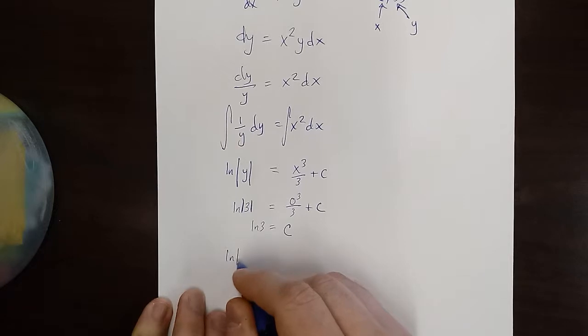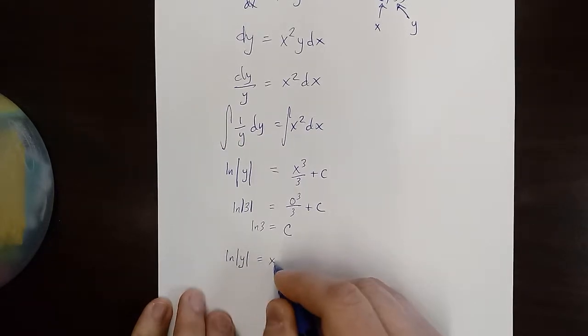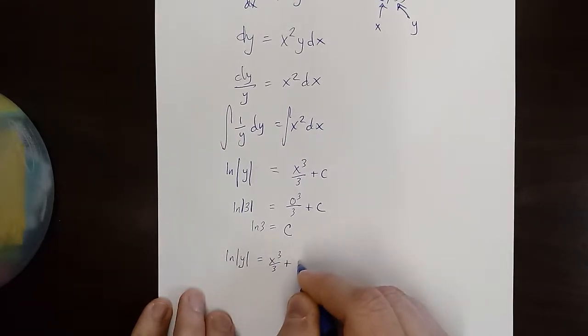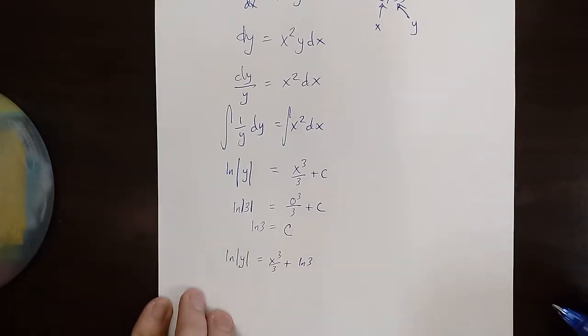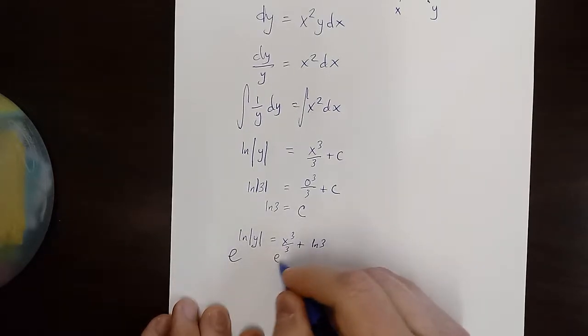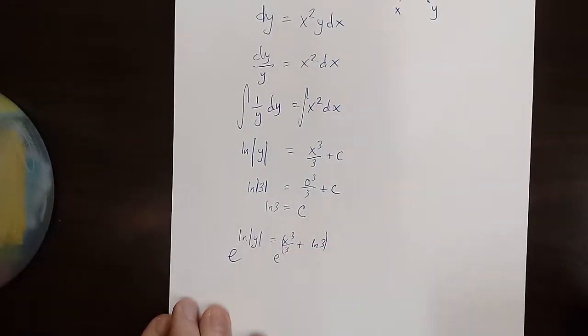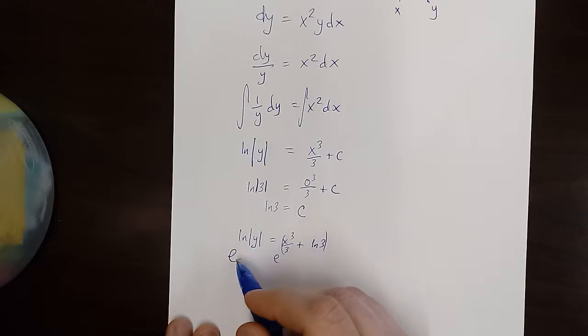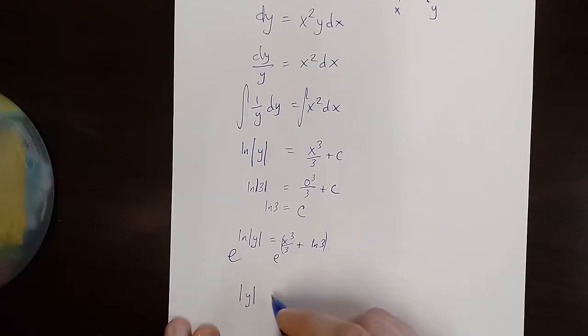We can say ln y is equal to x cubed over 3 plus ln 3. And I want to get y by itself, so I'm going to e both sides. If you don't remember this property, e to the ln cancels out, and all we're left with is the absolute value of y.